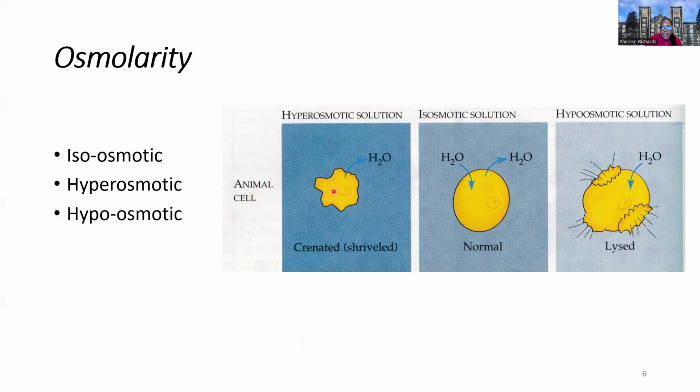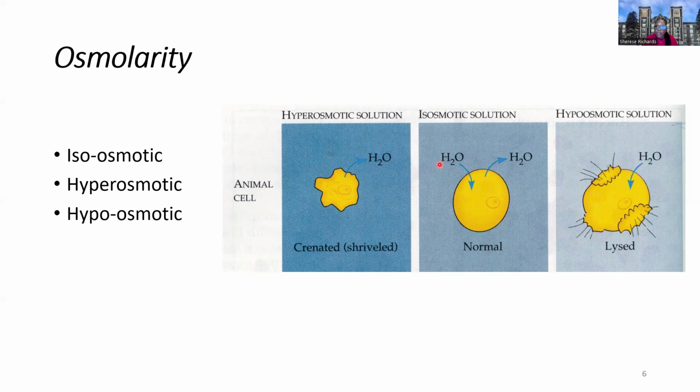And if we insert that cell into a hyperosmotic solution, this means that there are more solute particles dissolved than exist within our intracellular fluid. So what this means is the cell is going to release water into that hyperosmotic solution because now we have a fluid gradient.